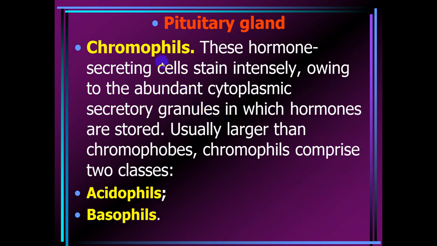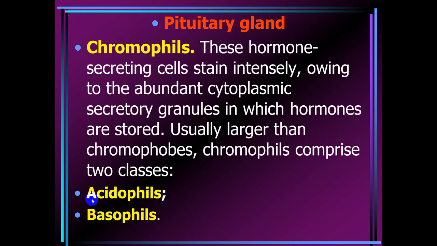Chromophils are hormone-secreting cells, and they stain intensely, but not the cytoplasm of the cell. In the cytoplasm there are secretory granules in which hormones are stored, and these granules stain in different colors after hematoxylin staining.